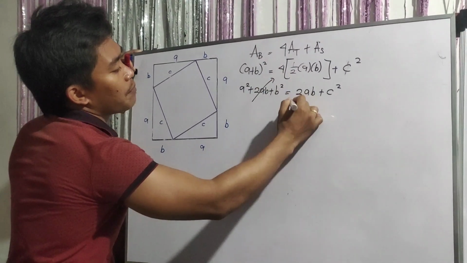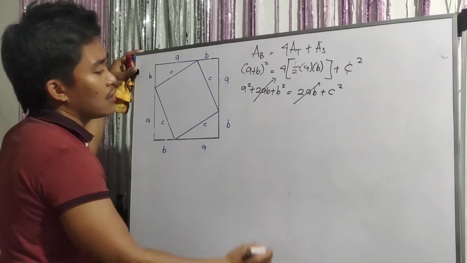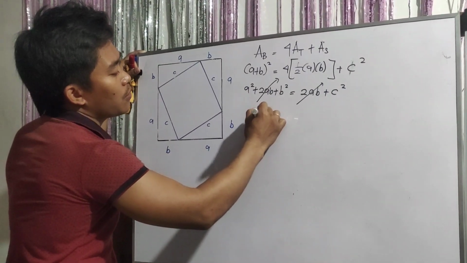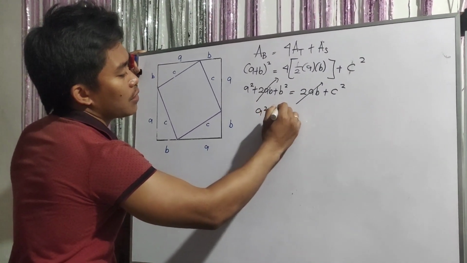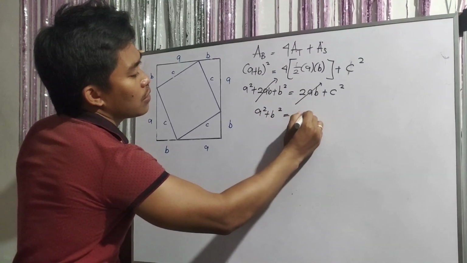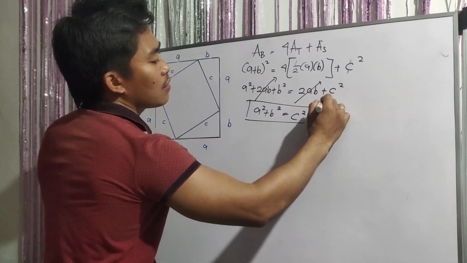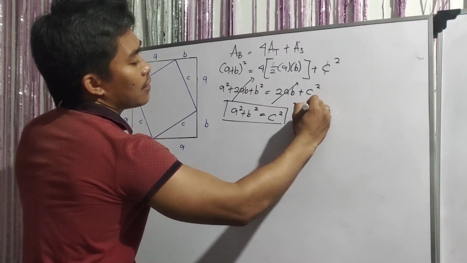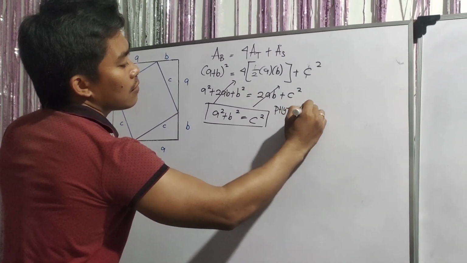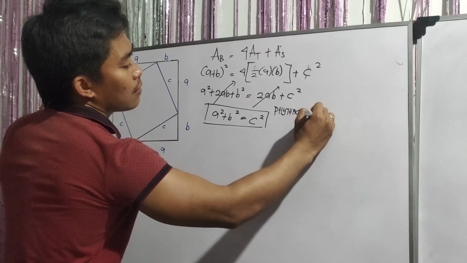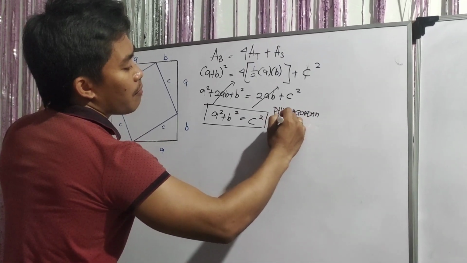So they will just end up cancelling each other. And the equation will solve to A squared plus B squared is equal to C squared. And this gives us the famous Pythagorean theorem.